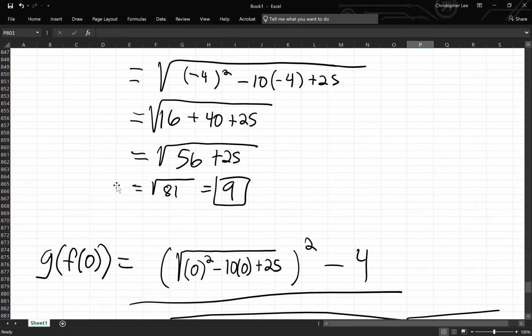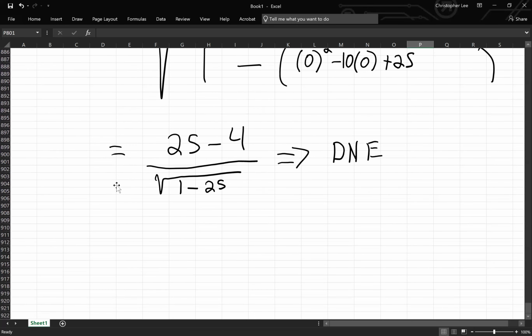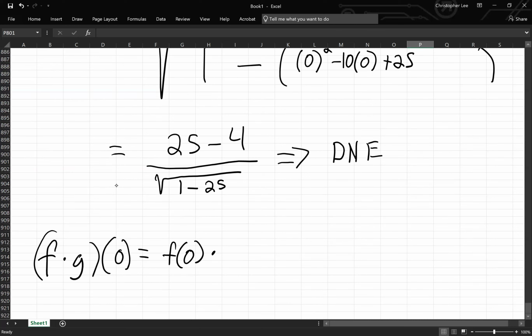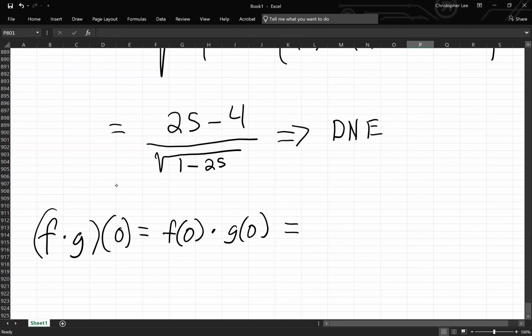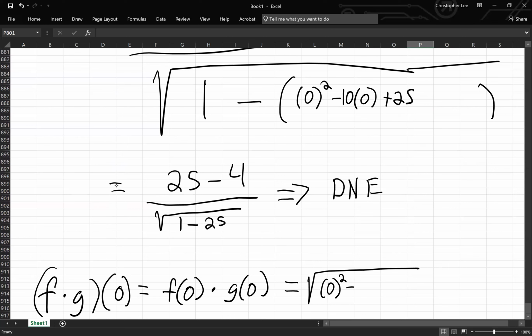All right, f times g of zero. Let's take a look at that. This means f of zero times g of zero. I'm not even going to go through this. Why? Because, wait, no, I can go through this. I'm sorry. So we have the square root of zero squared minus 10 times zero plus 25.